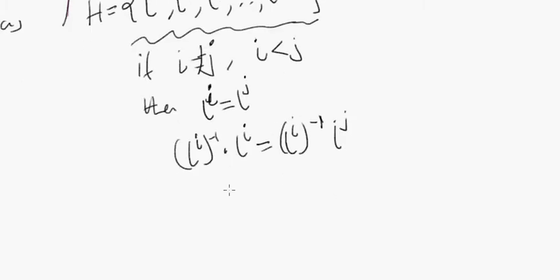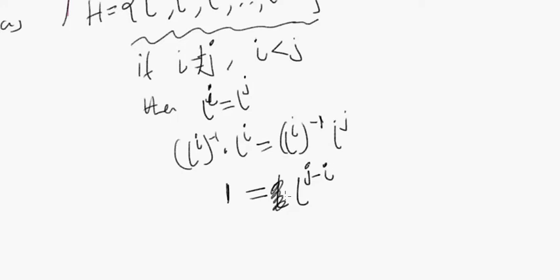What does this give us? What's l to the i inverse times l to the i? Does that give us the identity? What about the other side? Does that give us l to the j minus i?